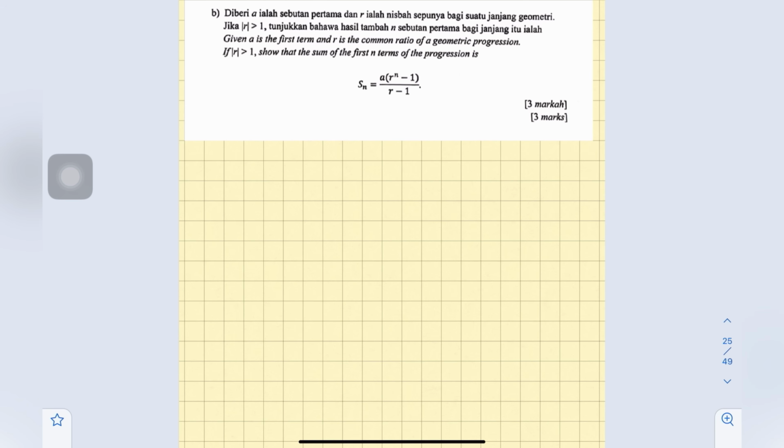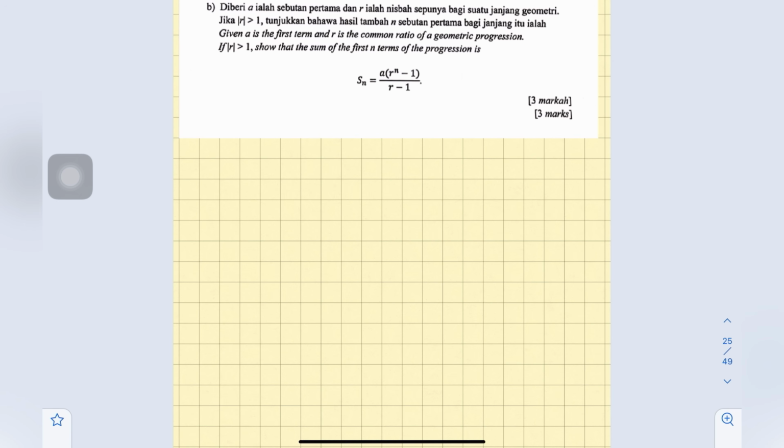This is how to derive the formula of the total sum of the first n terms of a geometric progression, found in the Form 4 textbook. So let's say Sn equals T1 plus T2, A plus AR plus AR squared plus AR cube, up to AR power of n minus 1.